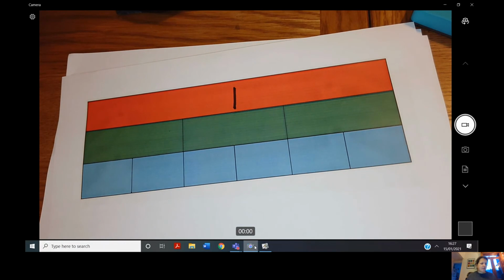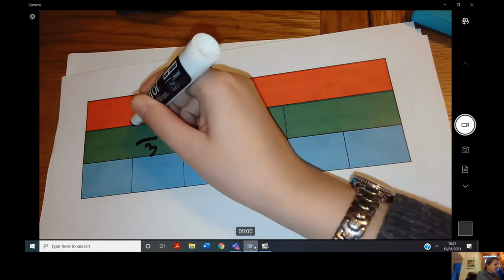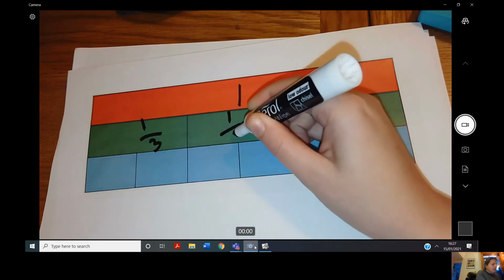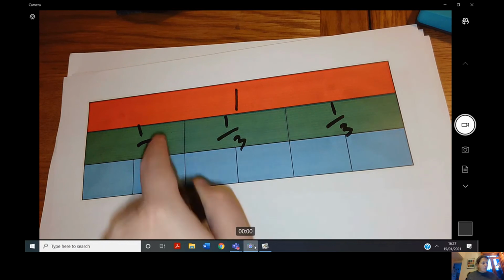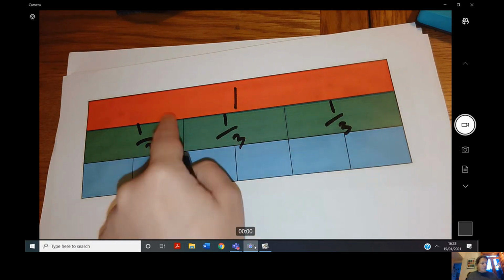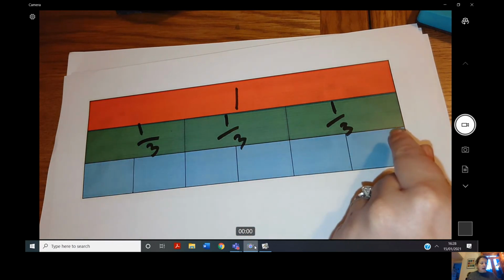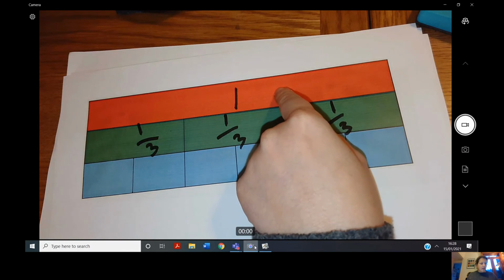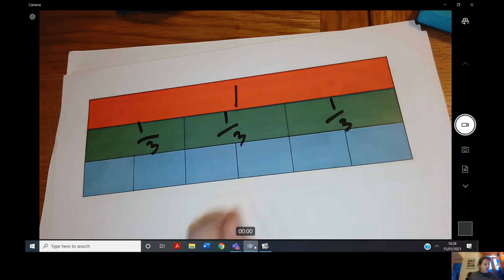If it's divided into 3 equal parts, I know that my denominator is going to be 3. And each one of these parts is a third. 1/3, 2/3, 3/3. 1, 2, 3. 3/3 make up a whole.